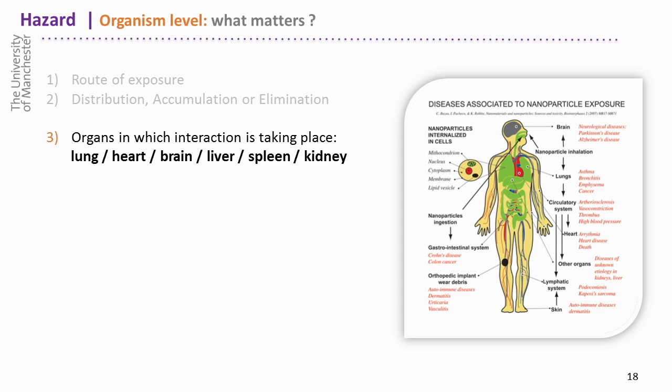And you can relate this to at least the two routes we've seen. If you go through inhalation, it will go to the lung, the brain. If ingestion, it goes through the liver, spleen, and kidney.